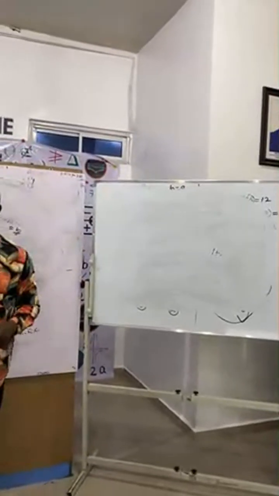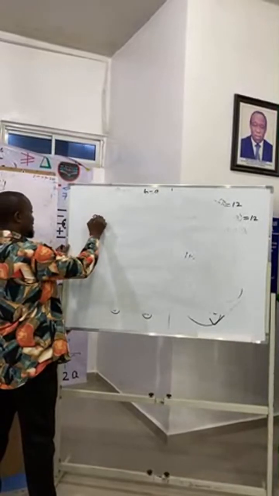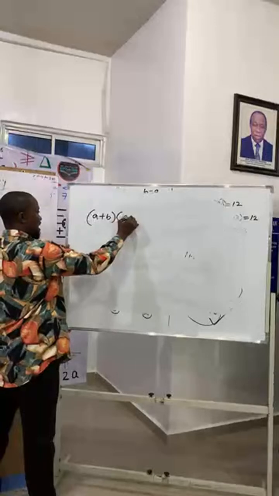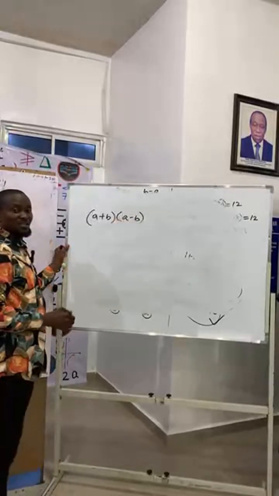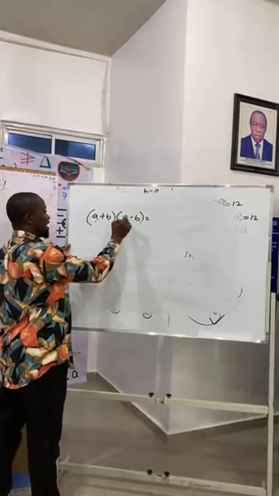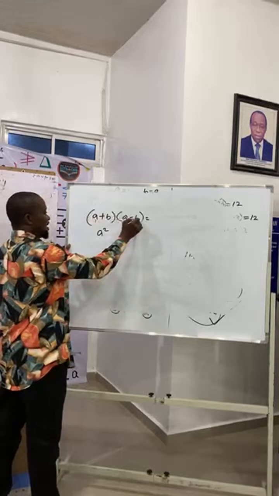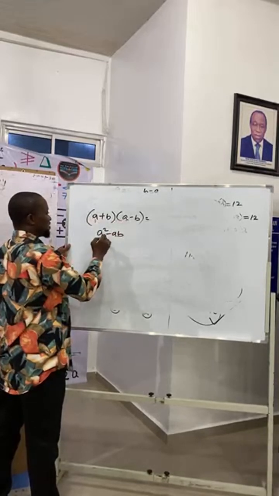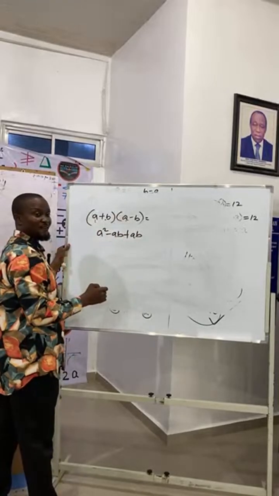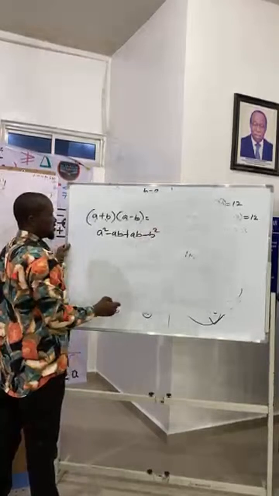Difference of two squares is if you have A plus B and A minus B. Let's multiply this and see what will happen. What is A times A? A square. A times minus B is minus AB. B times A is plus AB. B times minus B is minus B squared.